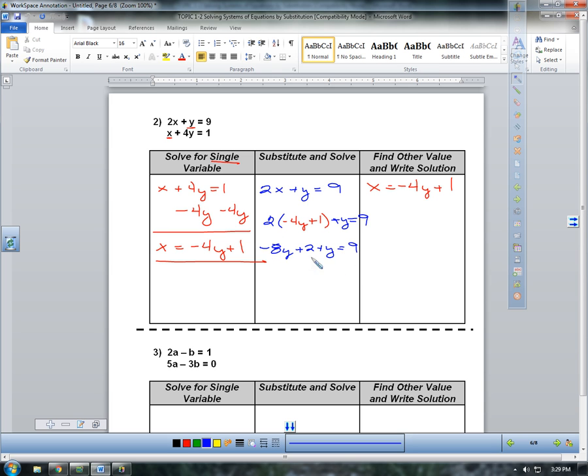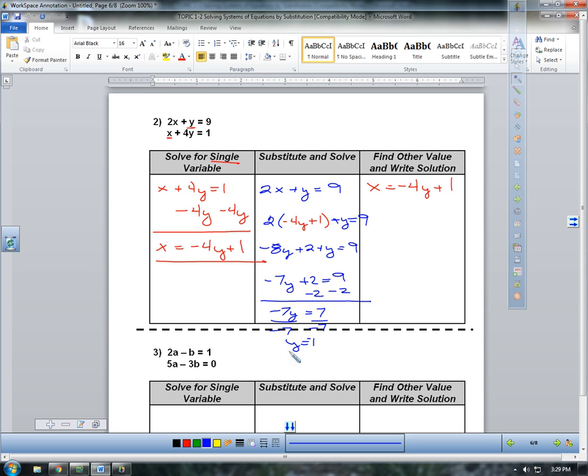So negative 8y plus y is negative 7y plus 2 equals 9. Subtract the 2. Negative 7y equals 7. Divide by negative 7. y equals negative 1.